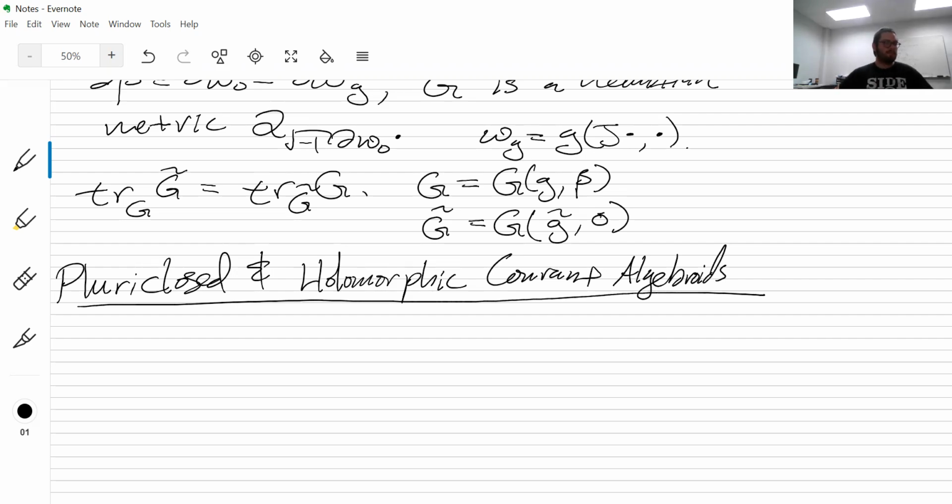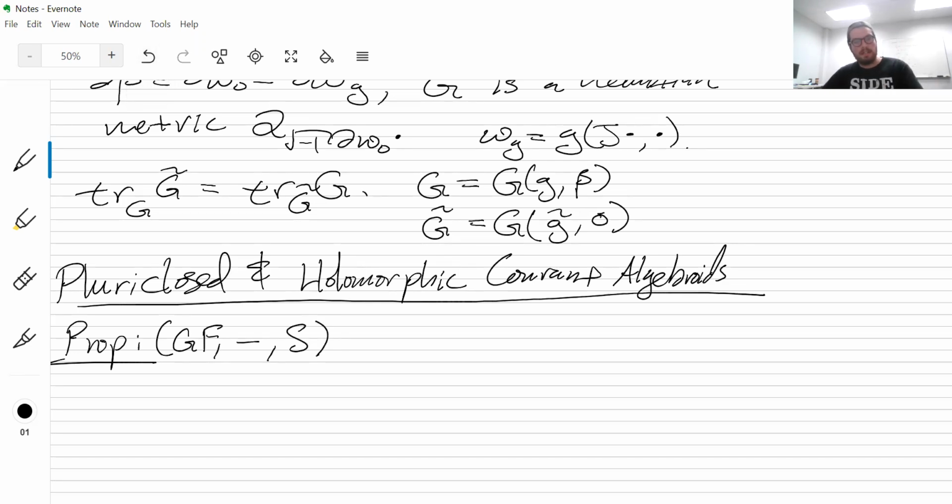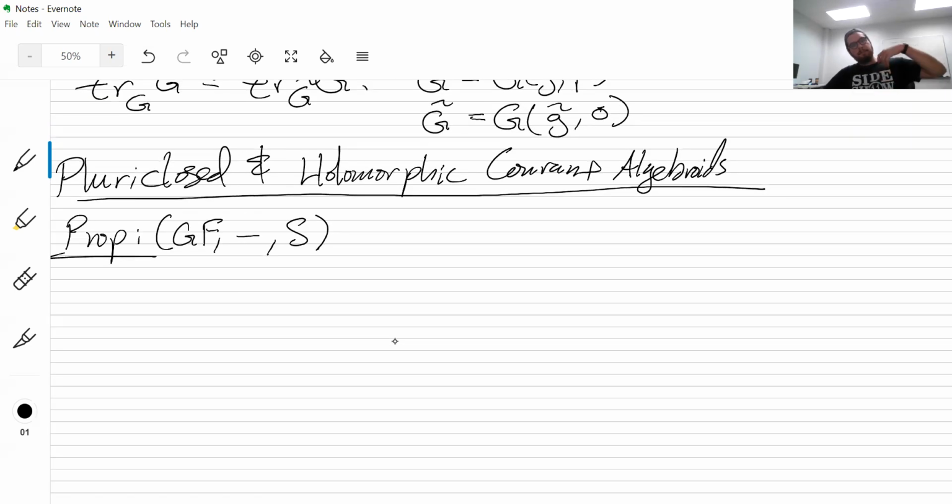All right. So a proposition that we prove in this paper, Garcia-Fernandez, Jordan, and Streets, is that pluriclosed flow is actually equivalent to a sort of Hermitian-Yang-Mills kind of flow of generalized Hermitian metrics, which is why I wanted to bring that up.